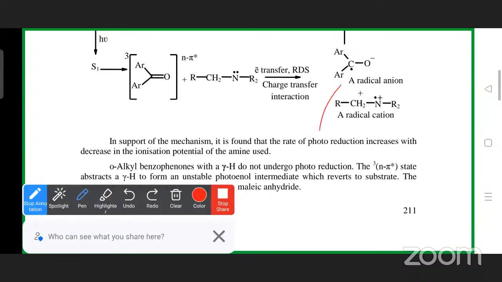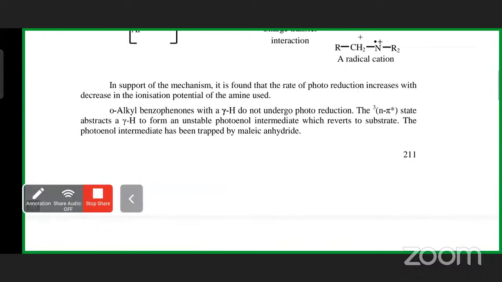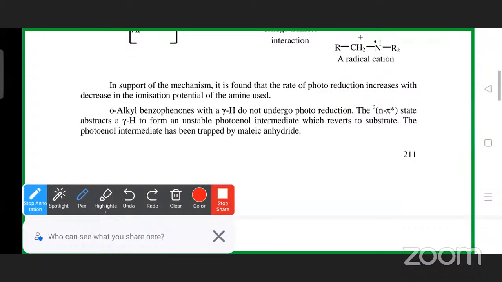And exceptions are there here. Here you see some compounds, the ortho-alkyl benzophenones. Benzophenone unconditionally undergoes photoreduction generally, but the ortho-alkyl benzophenones will not undergo a photoreduction reaction.